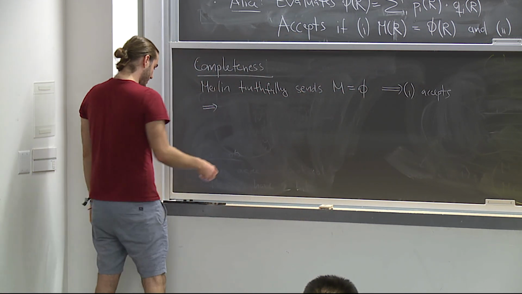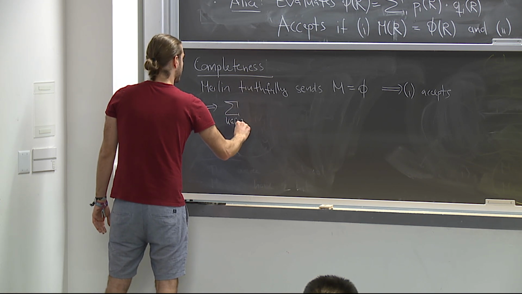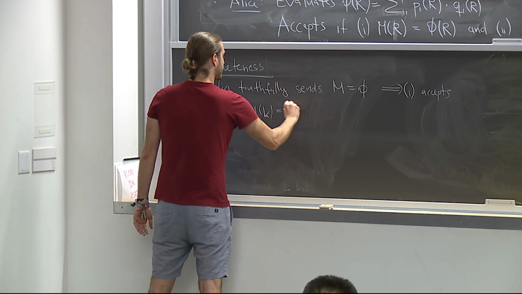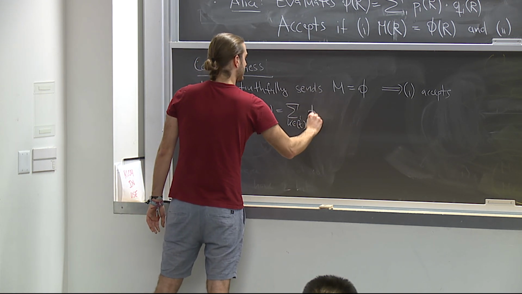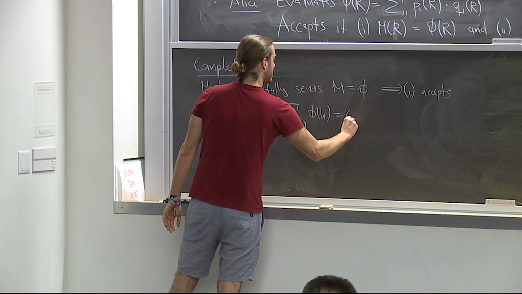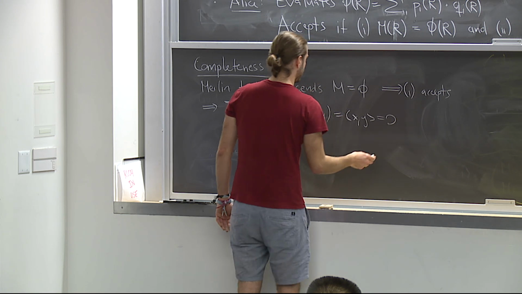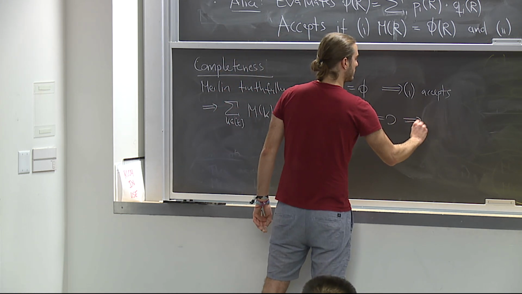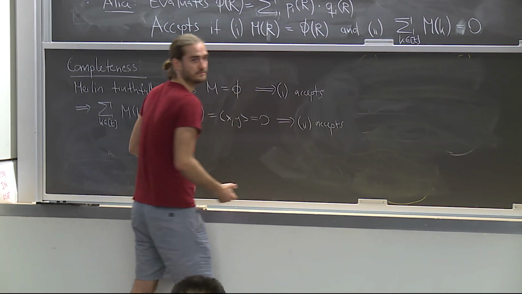On the other hand, by the observation over there, if you sum up all the points in Merlin's polynomial, that's the same as summing all the points in phi, which is just equal to the inner product. If it's 0 in the completeness case, that means test 2 also accepts. Good.